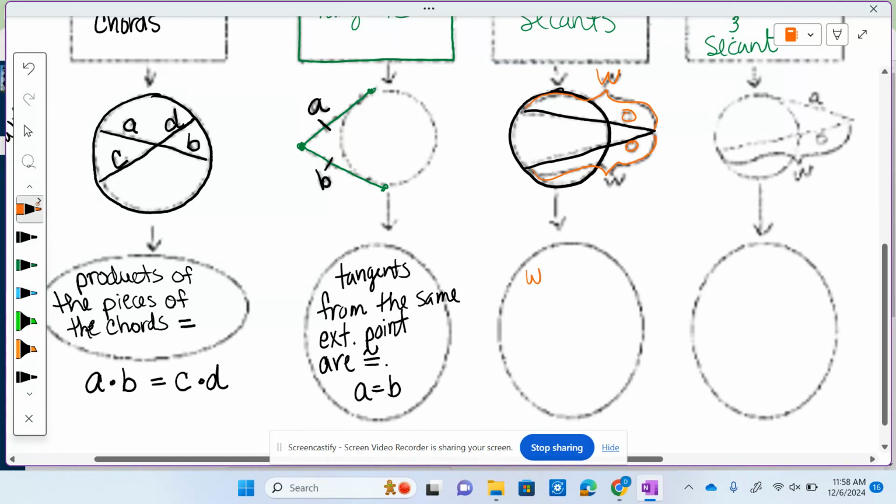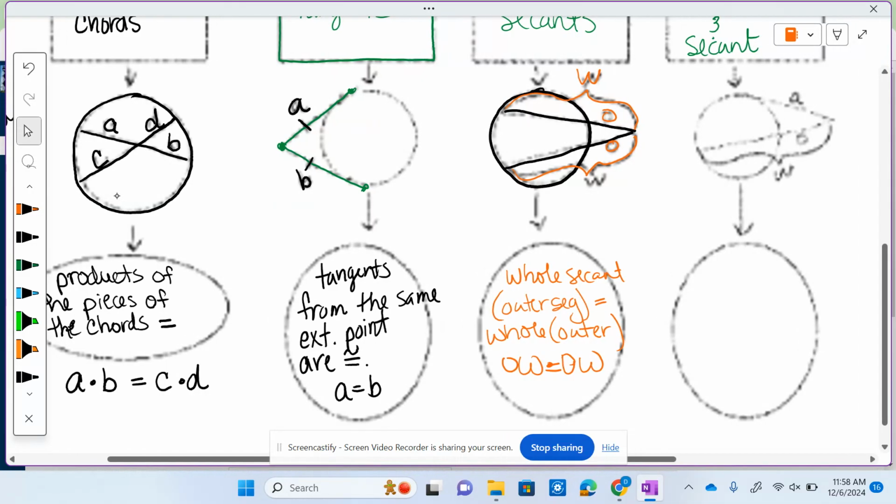So remember that the whole segment, the whole secant, multiplied by the outer segment is equal to the whole multiplied by the outer. I'm just going to write it like that. And then I'm going to write out equals out. So just the out. Outer times the whole equals the outer times the whole.